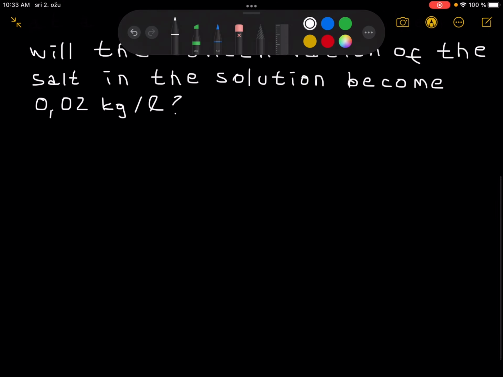Okay, so we want to know how the mass of the salt and how the volume of the solution in the container change.